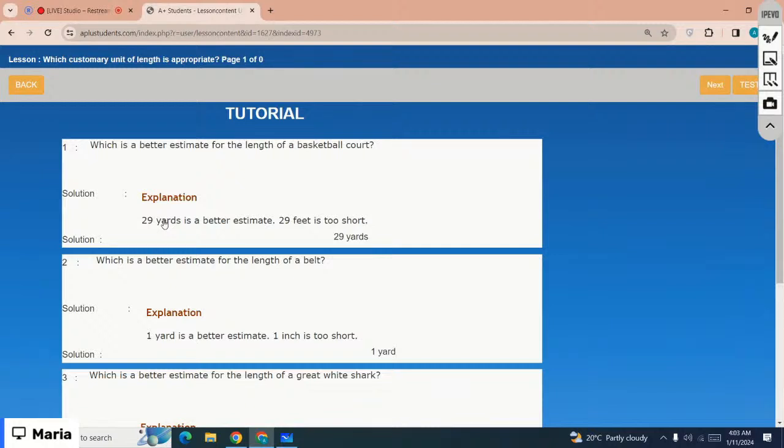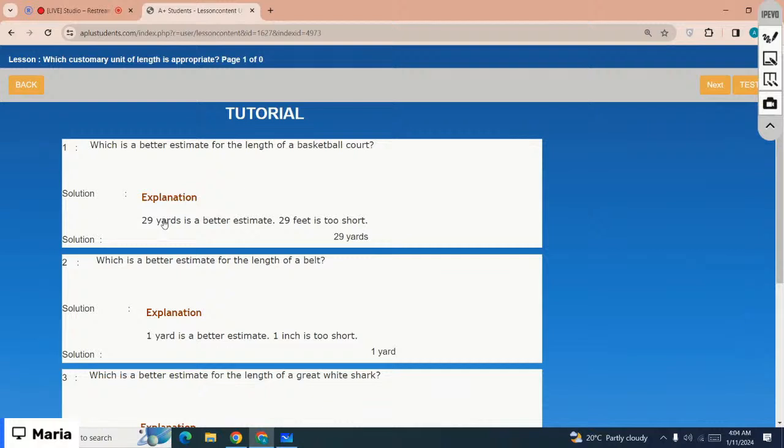Which is a better estimate for the length of a basketball court? You are given two options, 29 yards and 29 feet.